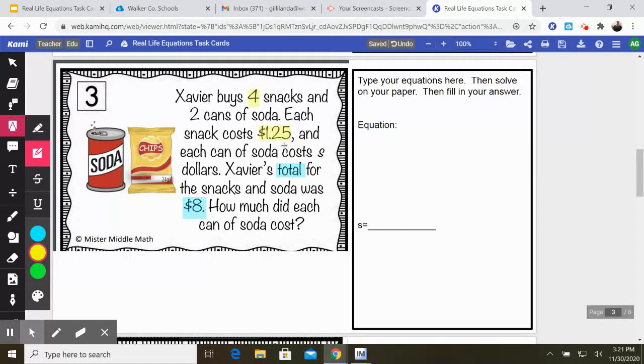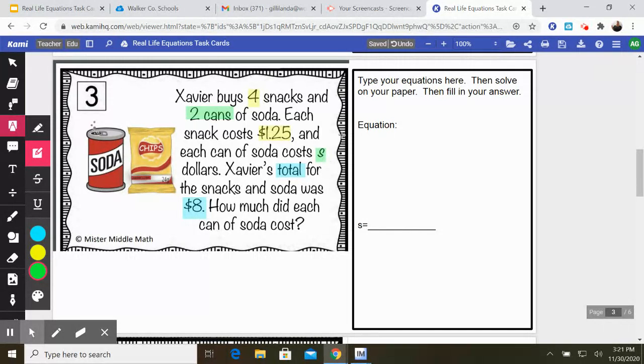What we don't know is, we know that he bought 2 cans of soda, but we don't know how much each soda cost. But it tells us that we are going to cost S dollars. So we're going to use S for our variable.